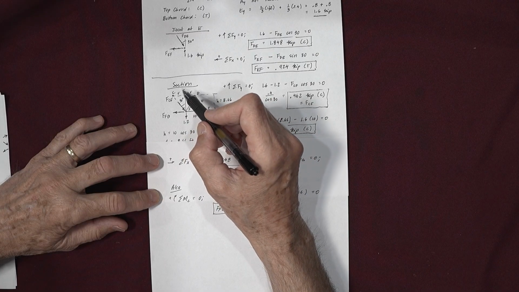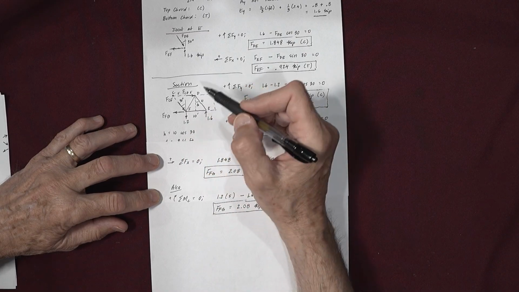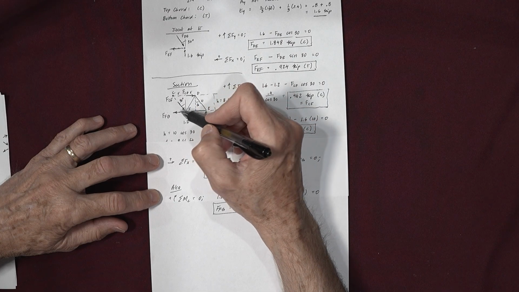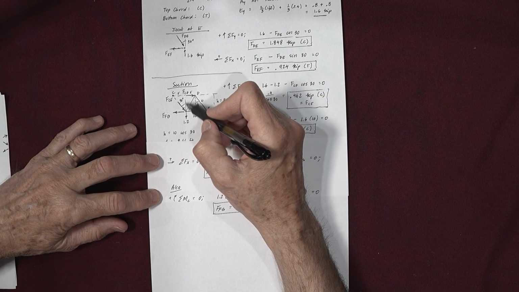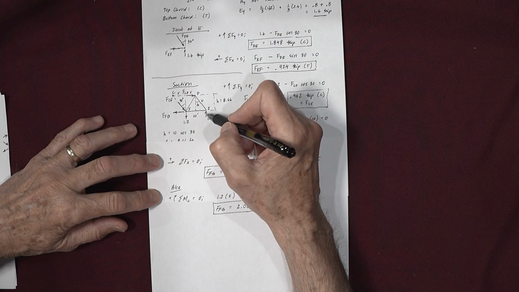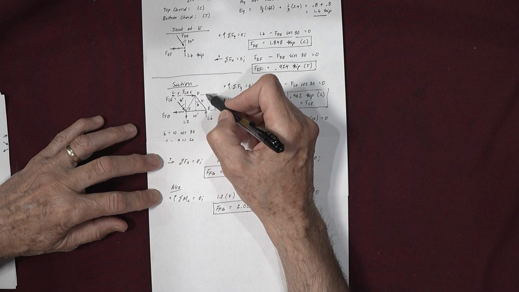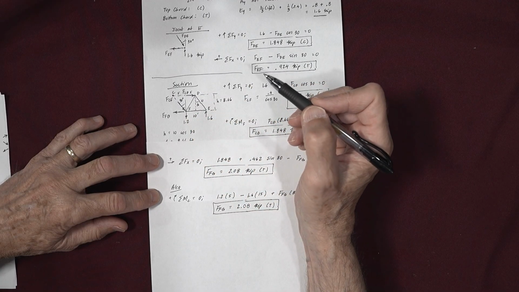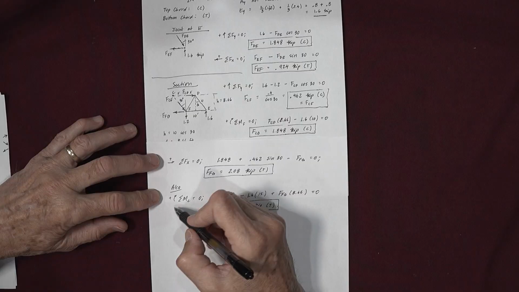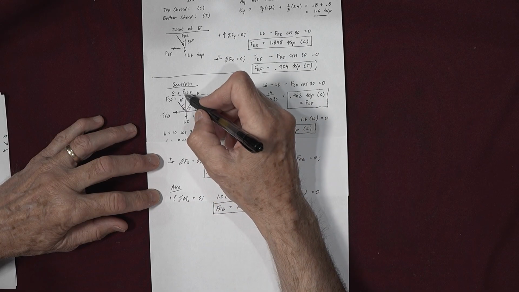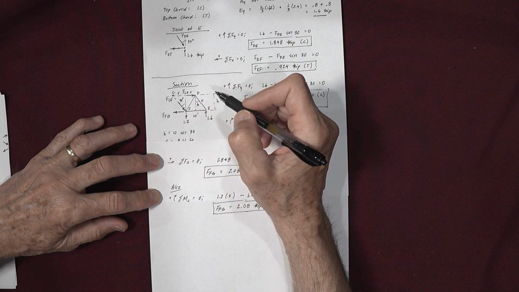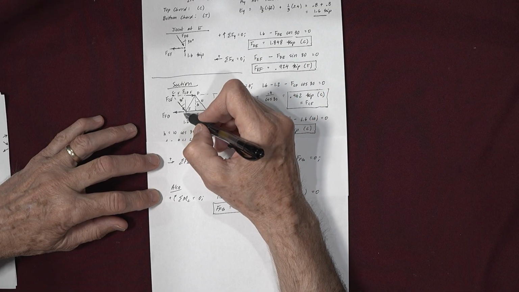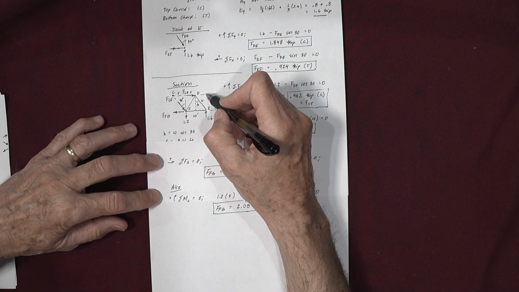So the three terms in the moment equation about C are FFG, and his moment arm is 8.66; 1.2, and his moment arm is 5; and then 1.6, and his moment arm is 5, 5, 5, so his moment arm is 15 about C. If I take clockwise to be positive, I have 1.2 times 5, plus FFG times 8.66, minus 1.6 times 15.